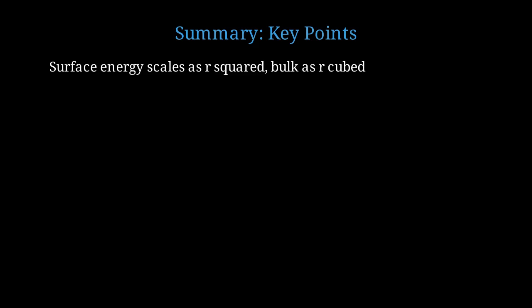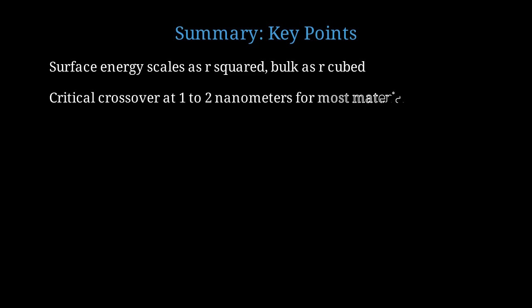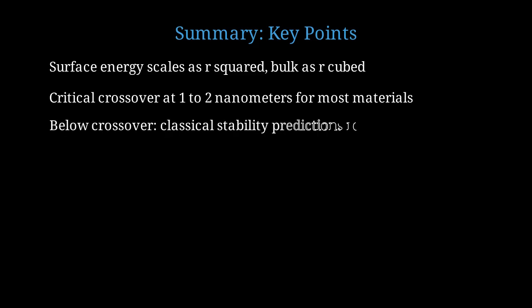Let me summarize the key points of the surface-to-volume dominance paradox. Surface energy scales as r squared, while bulk energy scales as r cubed. Their ratio diverges as 1 over r. The critical crossover occurs at approximately 1 to 2 nanometers for most materials, where surface and bulk contributions become comparable. Below this crossover, classical bulk thermodynamics fails and stability predictions reverse.